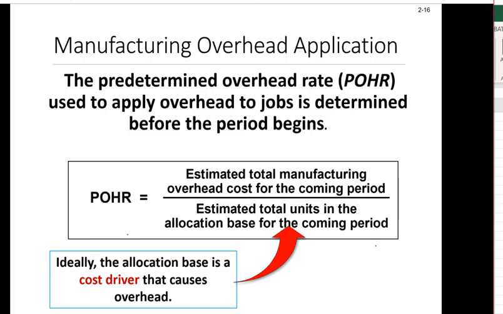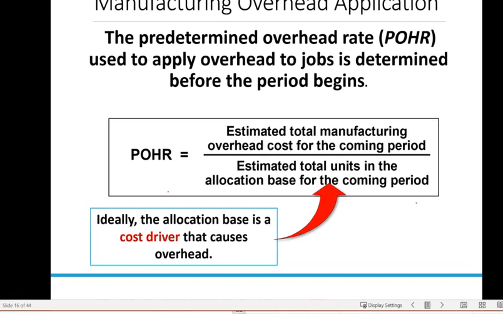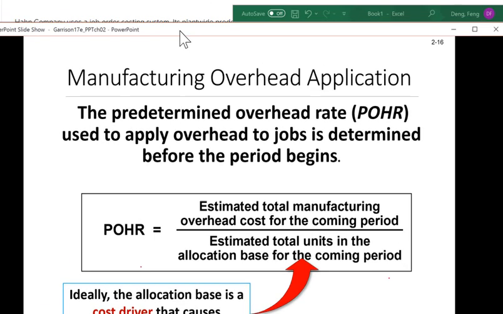So remember that. So what we have here then is we do have the total overhead cost allocated to Omega. So we have the numerator for job Omega, but we don't have the denominator. We don't know how many hours was estimated. All right, so let's find that out.